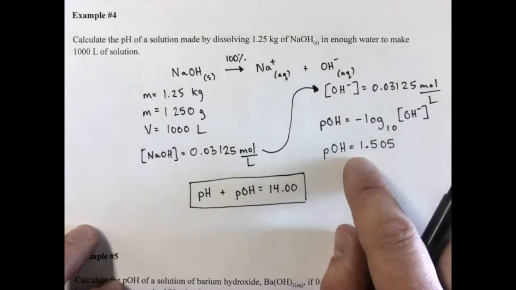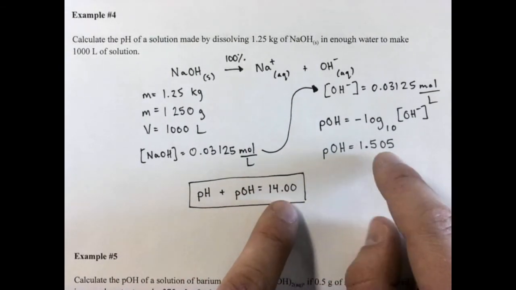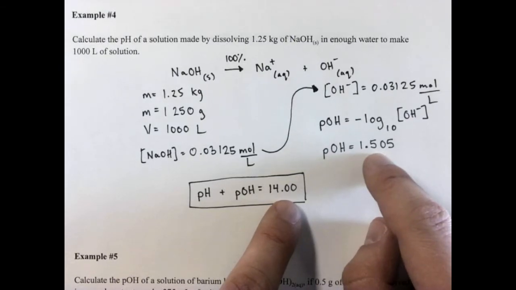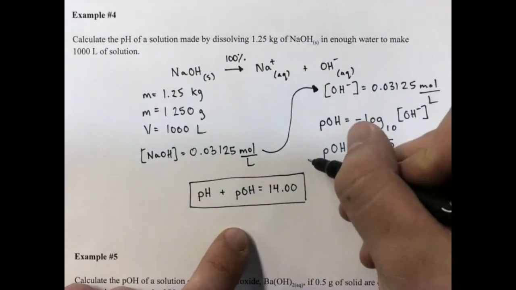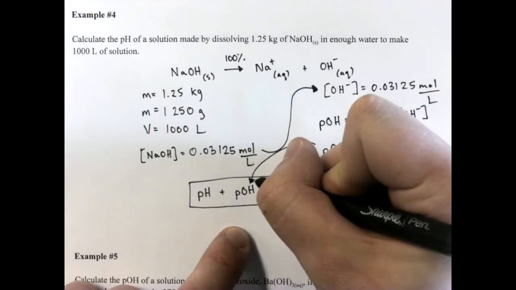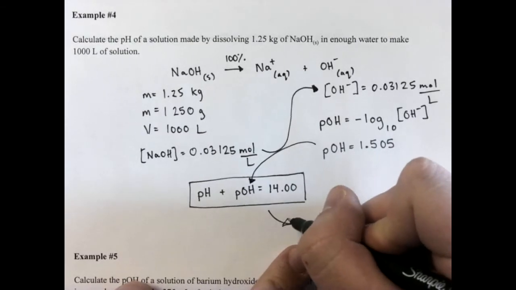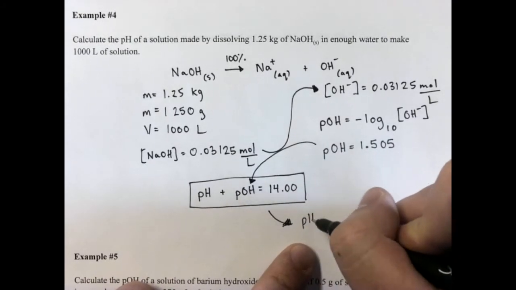So if I know my pOH, I can find the pH by taking this number and subtracting it from 14. So I'll take that number, plug it in there, and from this I'll calculate my pH.